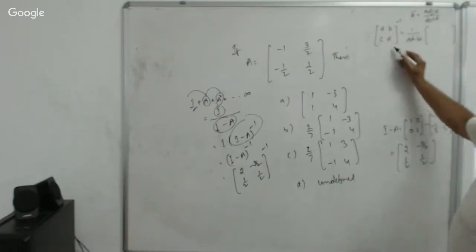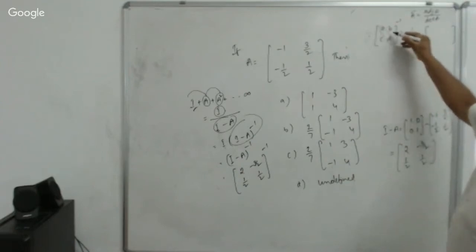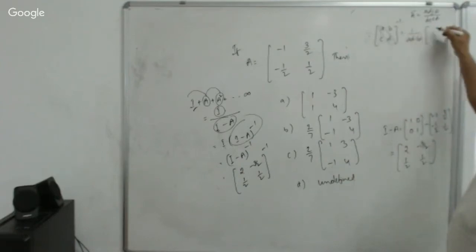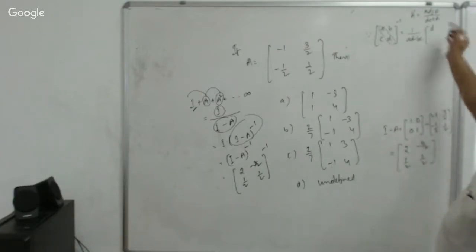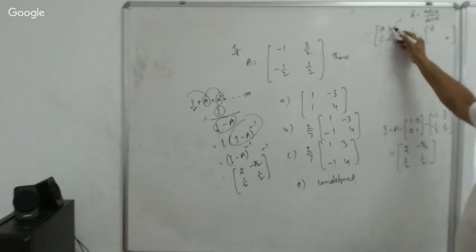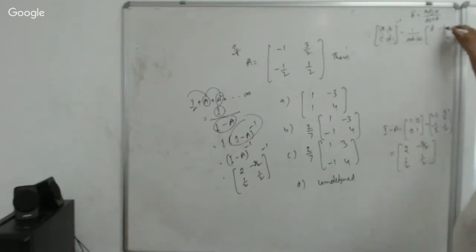For the adjoint, there is a direct shortcut: just interchange a and d, and for the other two elements, multiply by minus. That is the formula for A inverse.